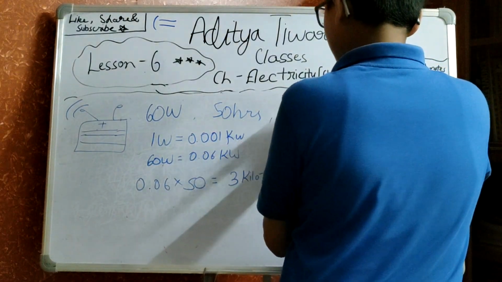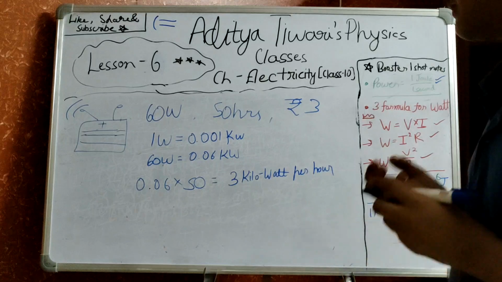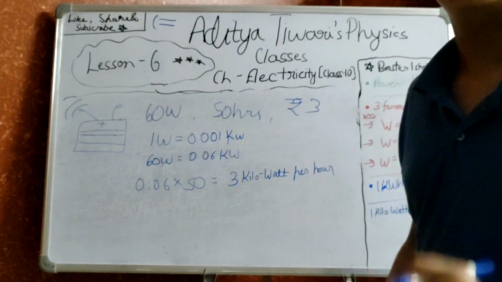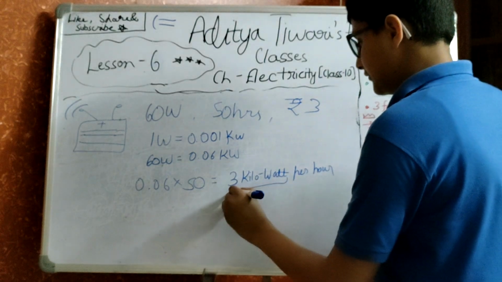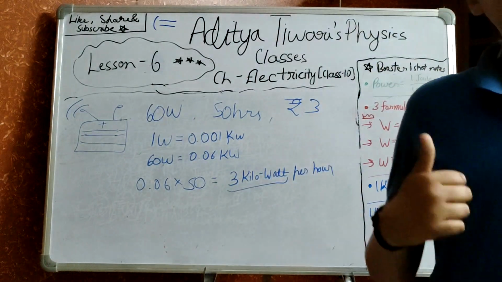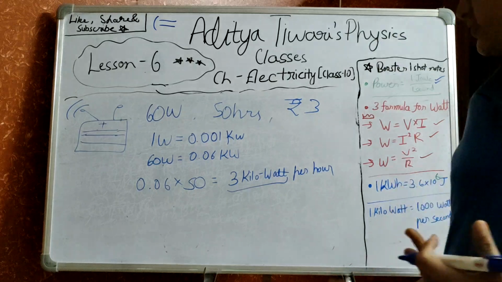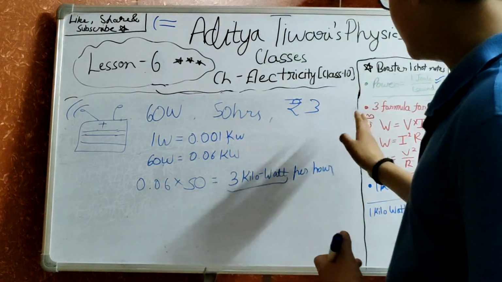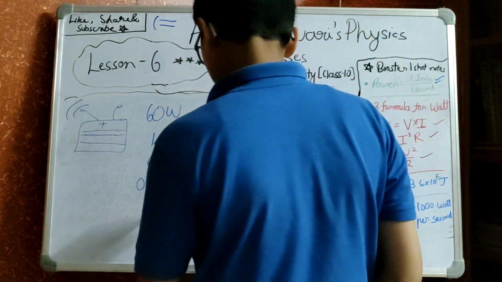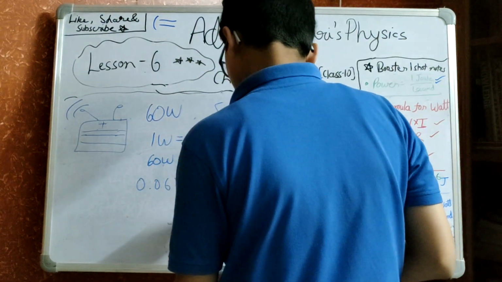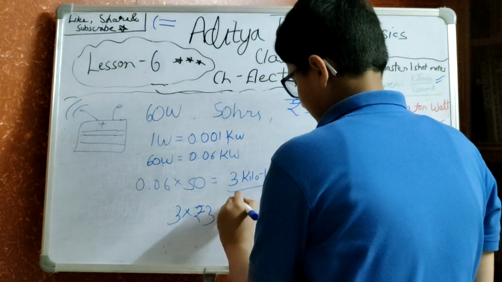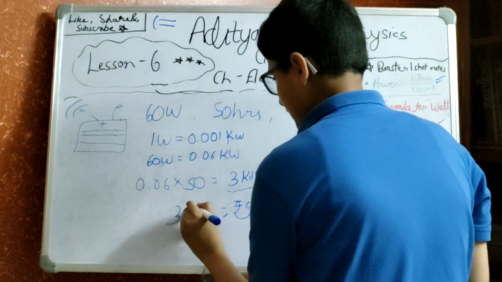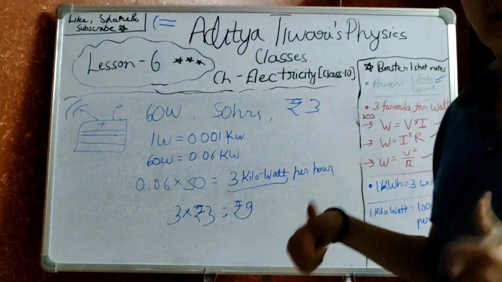Now this is a part of the additional question. It costs 3 rupees per kilowatt hour, per unit you may say. In the rupee system, the kilowatt hour is considered as 1 unit in electrical charge. So 3 rupees per unit, 3 times 3 is equal to 9 rupees. So it costs you 9 rupees only.